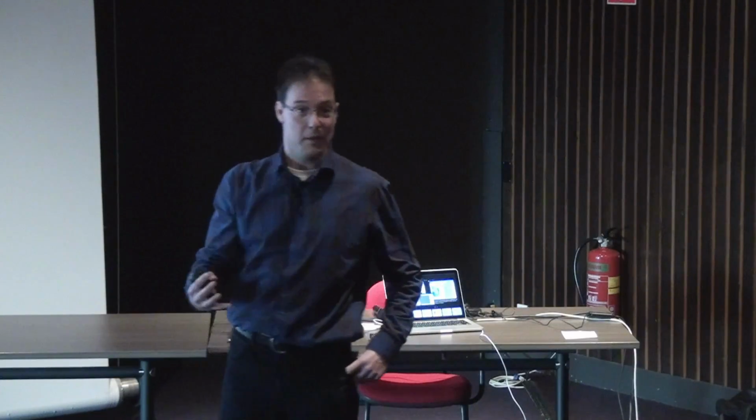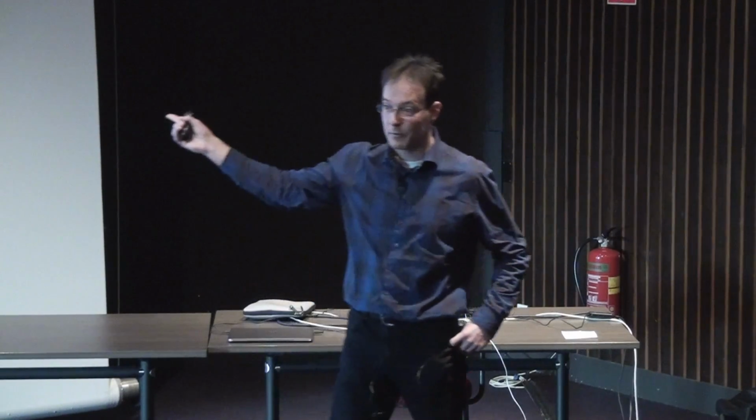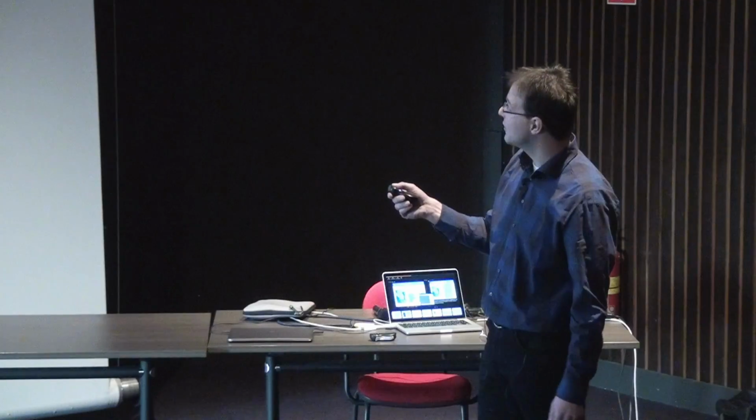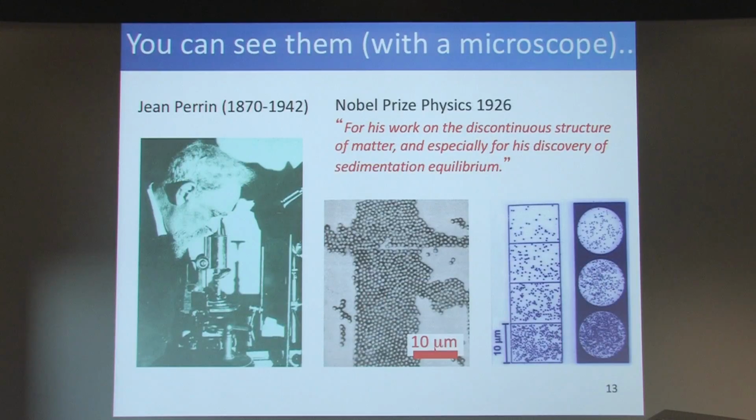Yeah? And this, of course, implies that matter is made of molecules and atoms, which at the time was not even obvious. Yeah, so the fact that he could measure this Avogadro's number was one of the first and one of the early proofs of the fact that atoms existed. Yeah, and that's why he got sort of this Nobel Prize for the discontinuous structure of matter, the fact that the material is made of atoms. That's really important here. Matter is made of atoms.